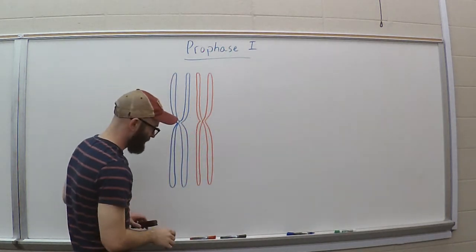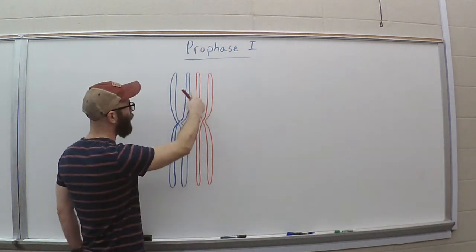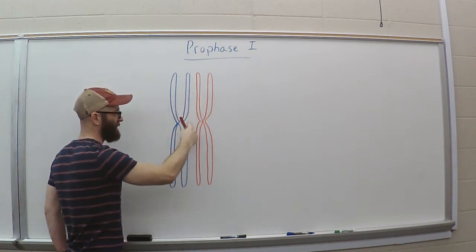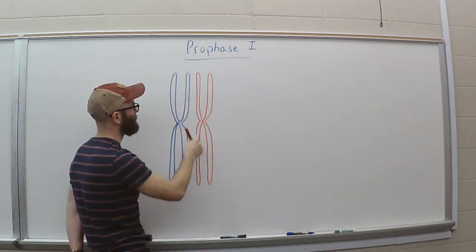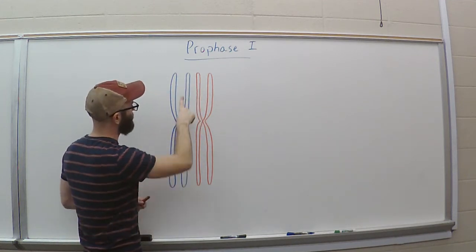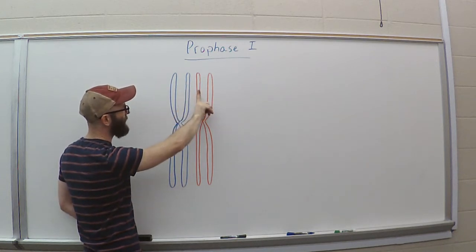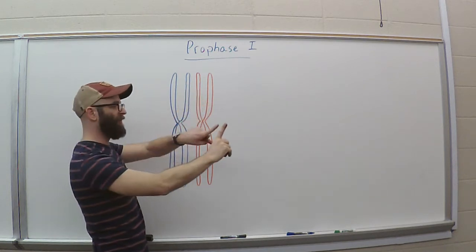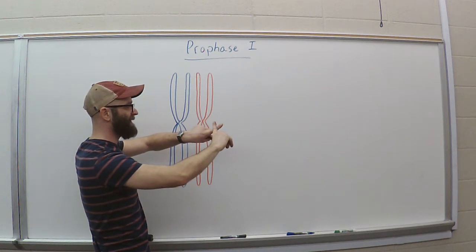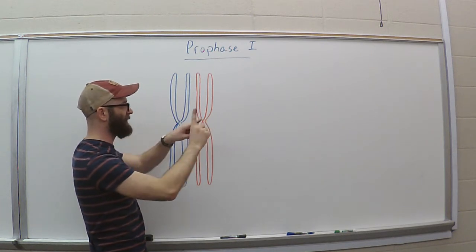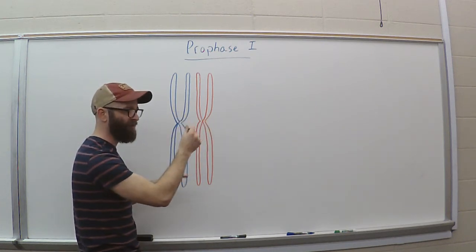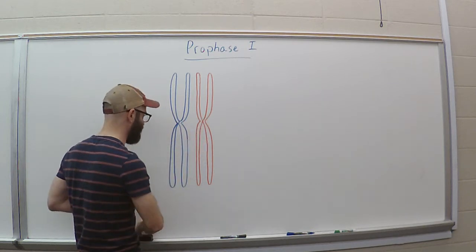What happens is that at one point along the length of this chromosome, this chromatid and this chromatid will cross over, and then actually they'll get clipped right there where they cross over and then recombined with each other.